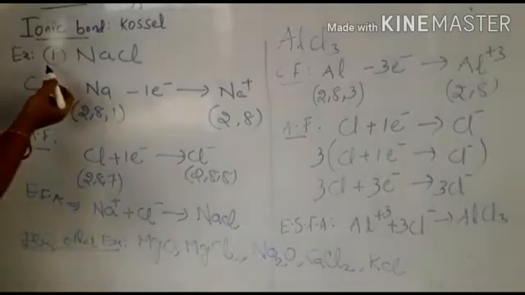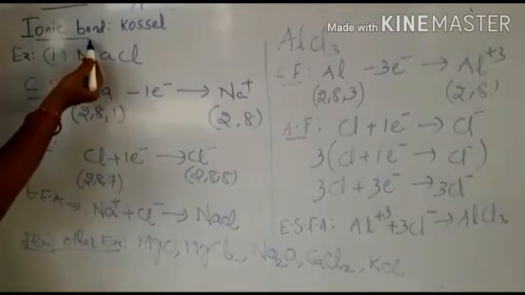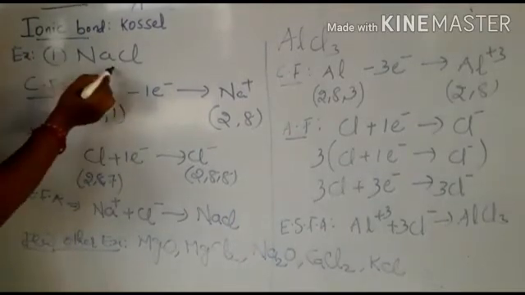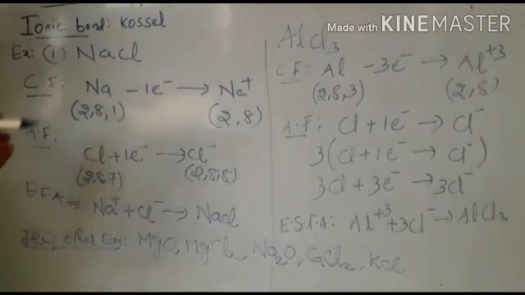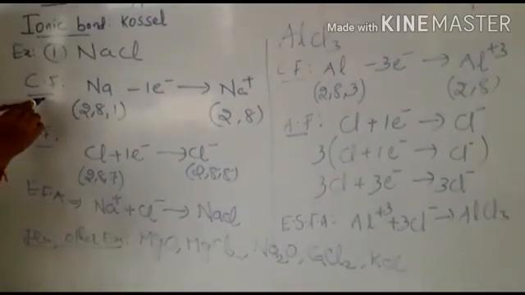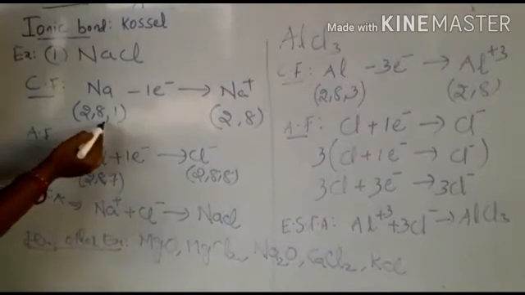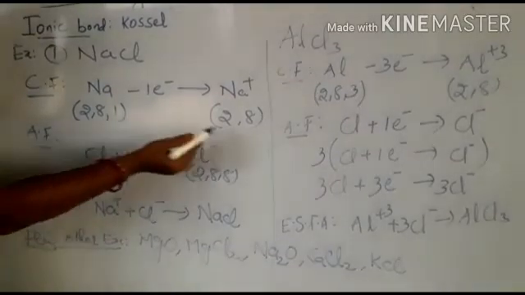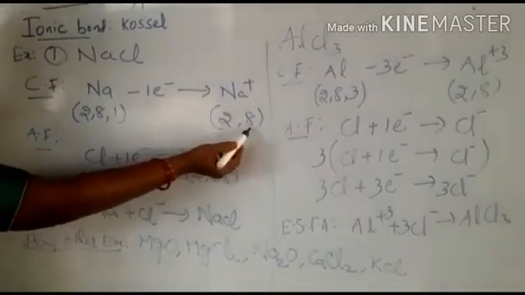Students, we will discuss a few examples for the formation of an ionic bond. The first example is NaCl. For the formation of an ionic bond, there should be formation of a cation and an anion. First, cation formation: we take sodium, which has electronic configuration 2,8,1. In order to get an octet configuration, it loses one electron to form Na+ with 2,8 configuration.